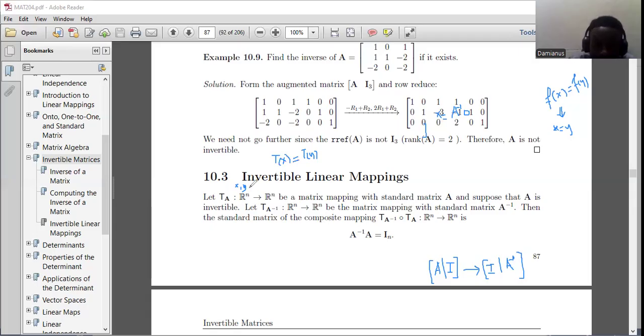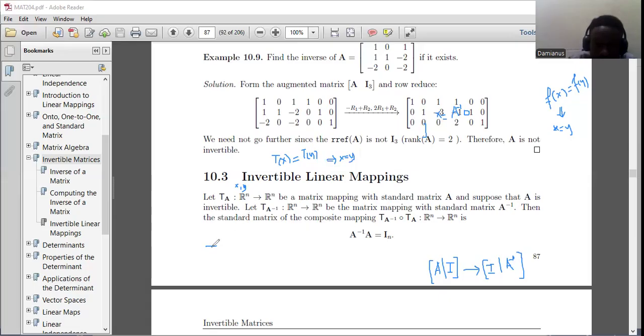Then T will be onto if T covers the whole of this. That means T is onto. So this is the criterion.